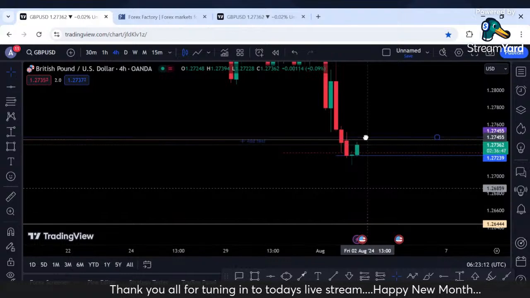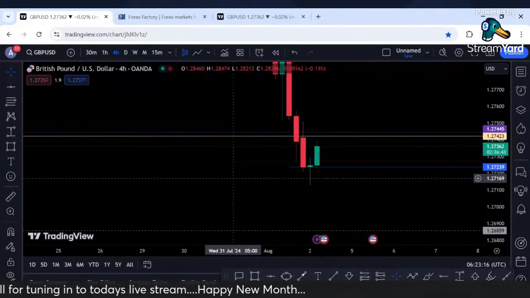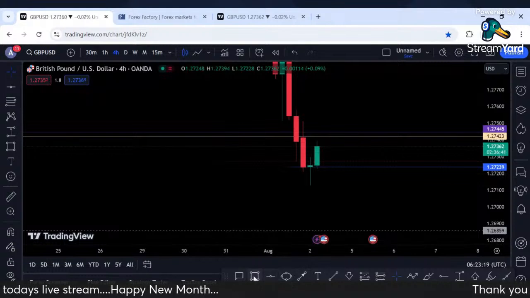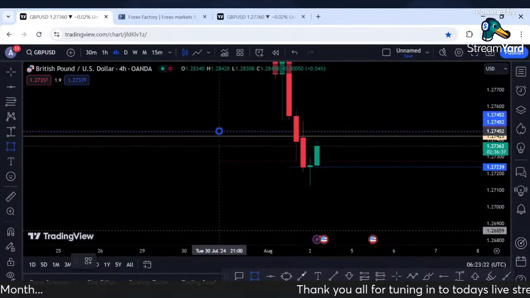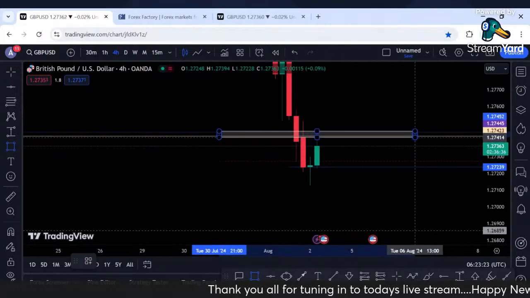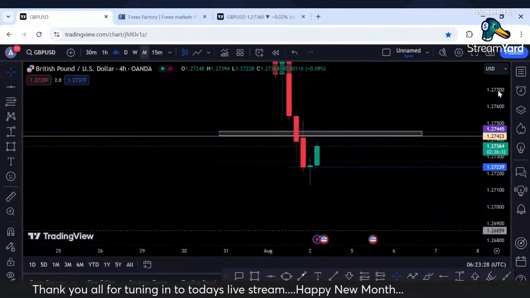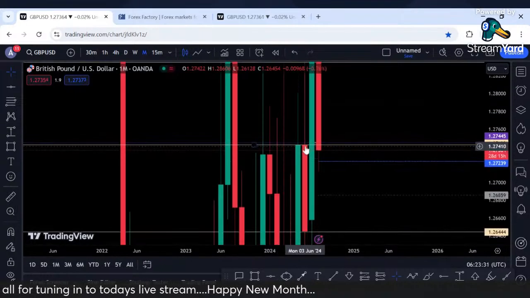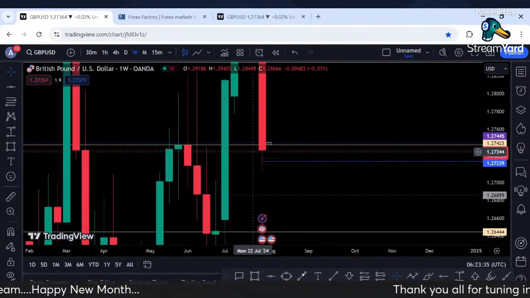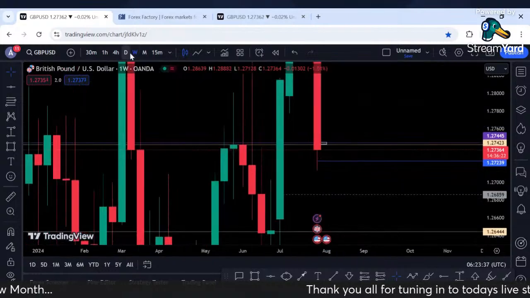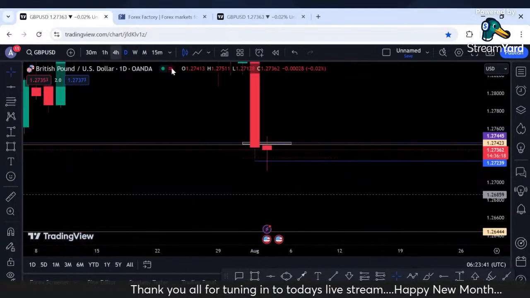I usually call this a golden zone: if two or more resistances or supports meet at a place, I call it a golden zone. It's going to be hard, because on the monthly time frame we have a resistance, and on the weekly time frame we have a resistance on the same area.